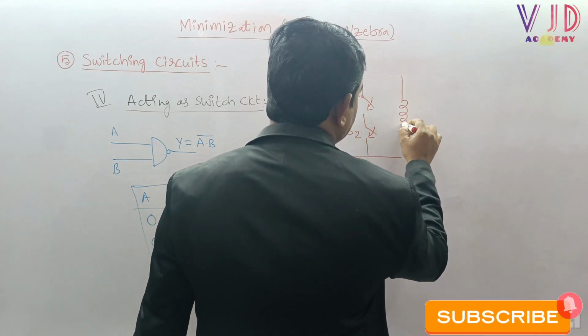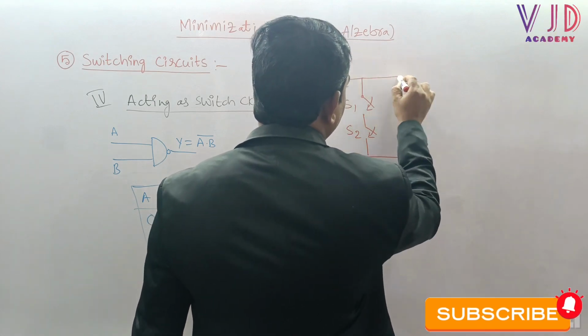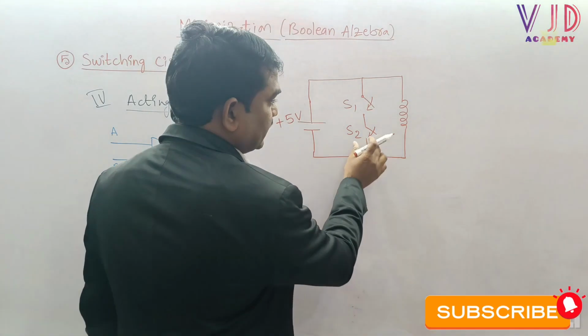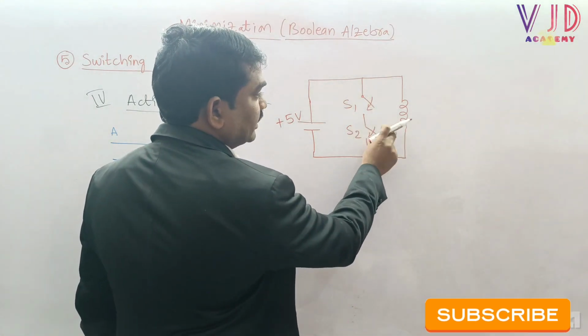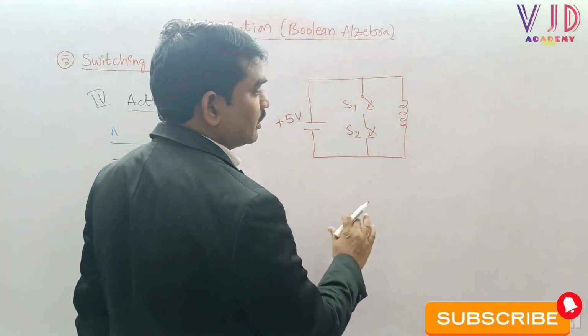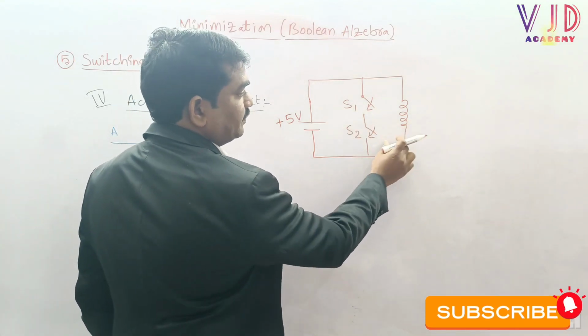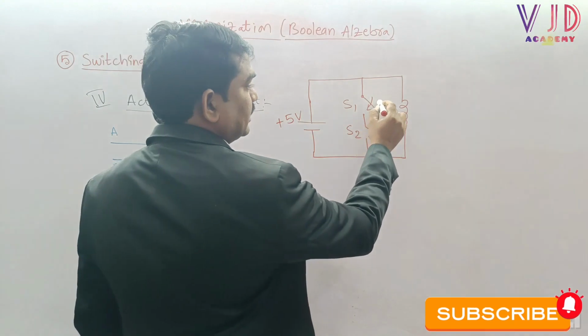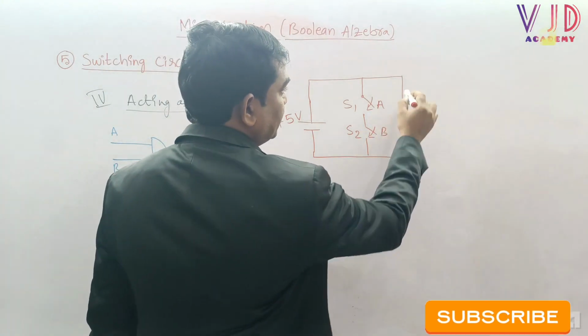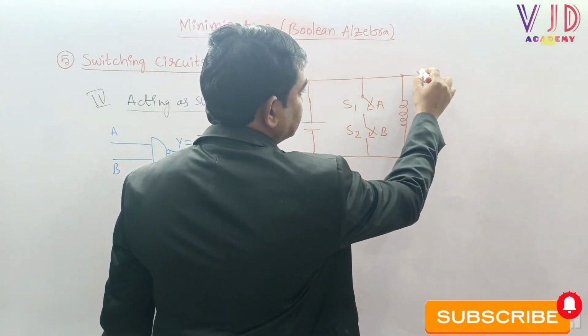In the previous lecture when we were learning about the AND gate and OR gate, we connected the two switches in series with the bulb, but now I'm connecting these two switches in parallel to the bulb. So here input A and here input B, and I'm taking output Y here.